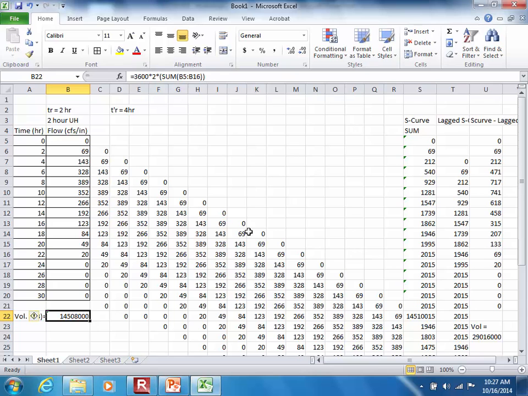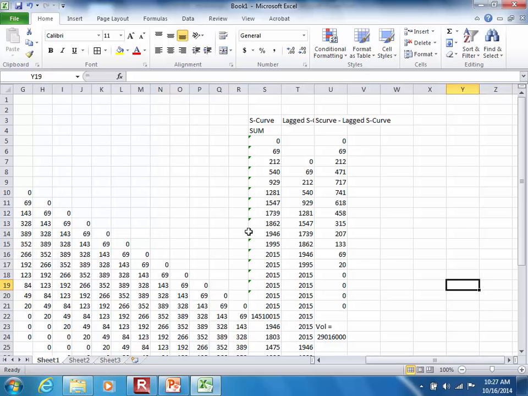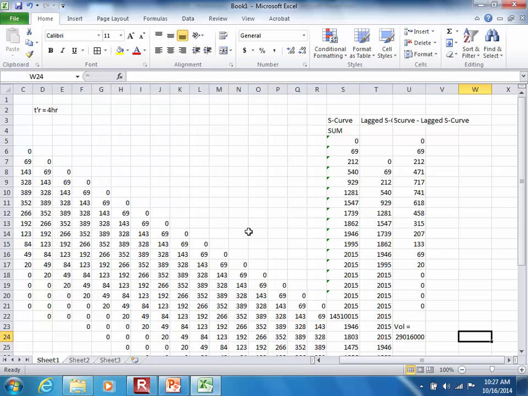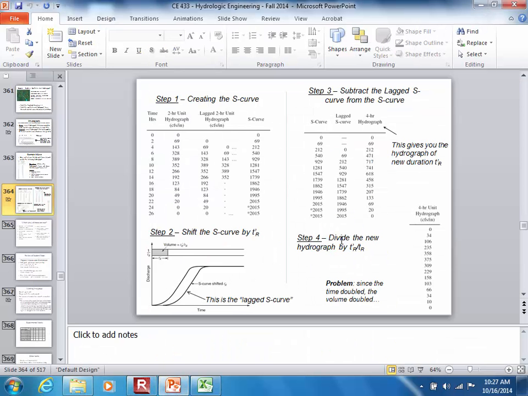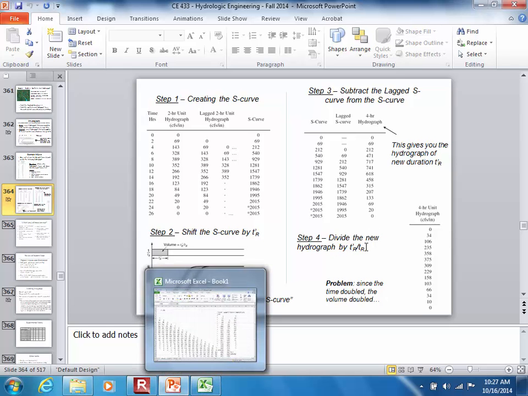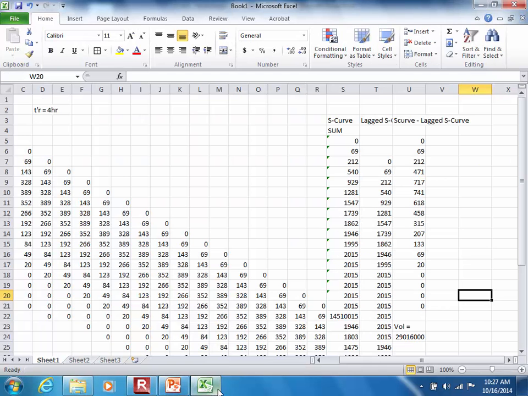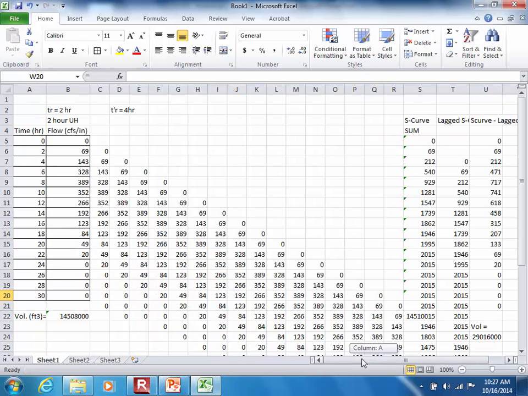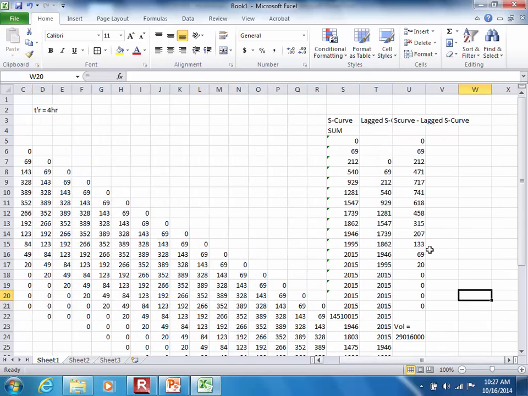It's just occurring over a longer period of time if it rains during 4 hours instead of 2 hours. So we can know by looking at the peak flow rate, or by looking at the volume, that we have to make one final adjustment. The instructions tell us to divide the new hydrograph by T prime R divided by TR. TR for us was 2 hours, and T prime R was 4, so we have to divide by 2, which is the ratio of the desired runoff duration and the given runoff duration.